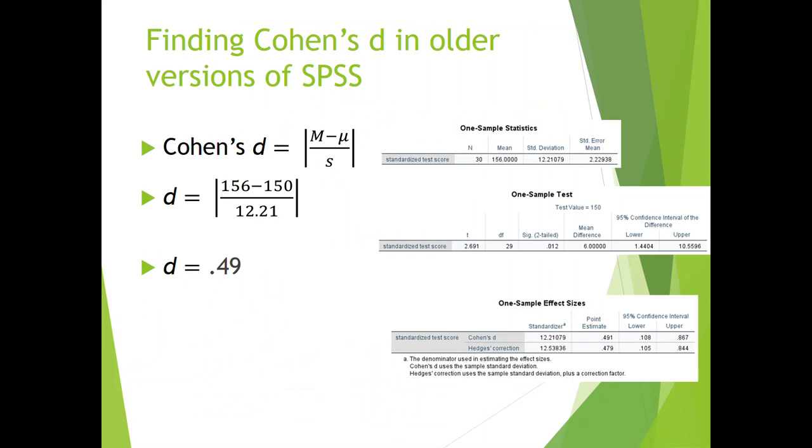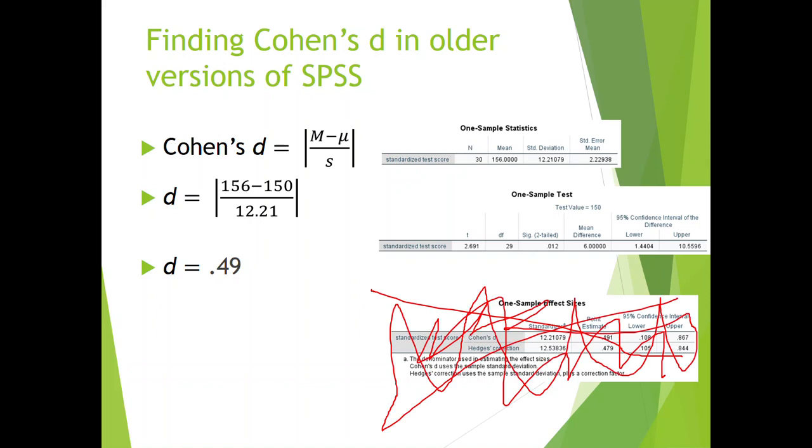So if you did have a significant finding, you can calculate Cohen's d very easily with the information that you're given in your SPSS output. So again, this would only be in the situation where you weren't given this box of effect size. If you have an older version that didn't allow you to ask for effect size, then you wouldn't have that box. And so only in that situation would you calculate Cohen's d by hand, which again is a very easy calculation to do.